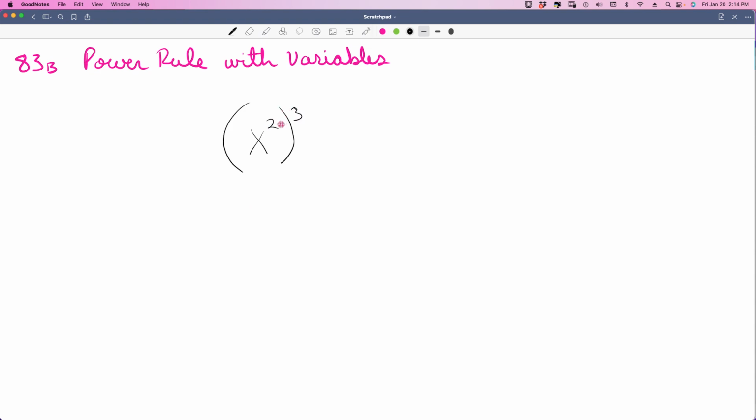Typically, now when we just have these x squared times x cubed, we add, right? We add those together to get x to the fifth, right? When we have an exponent with an exponent, we multiply. So this would be 2 times 3.